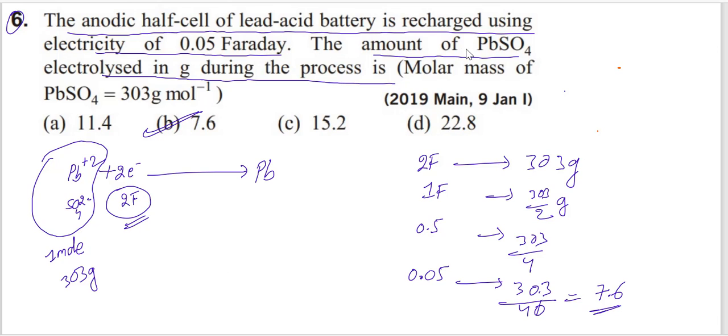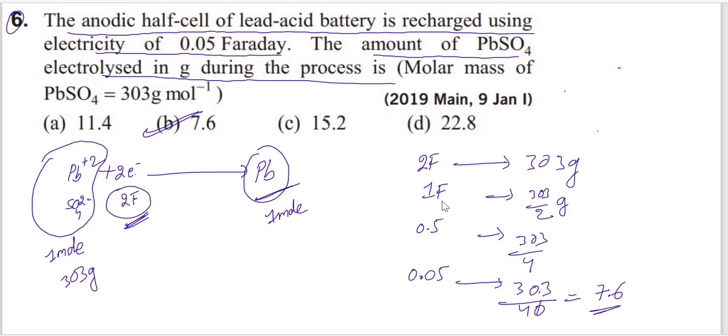Just you have to know that here electrolysis में क्या होता है. Okay, electrolysis type reaction. At anode oxidation reaction, at cathode reduction reaction. Here clear cut is given that this much of charge is sent through the electrolyte, so obviously lead is forming. Okay, so for each lead particle 2 electrons required. If you provide 2 farad charge, 1 mole you will get, but we are providing only 0.05.